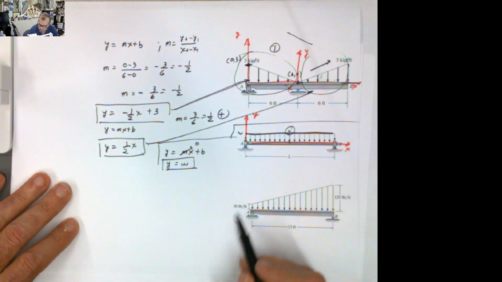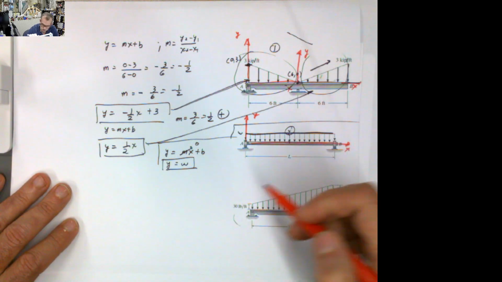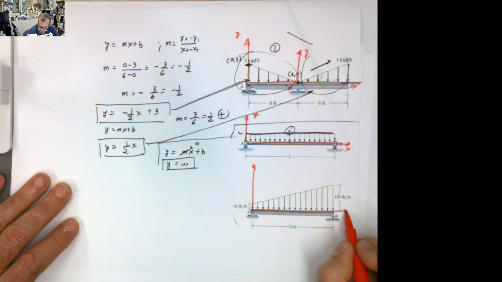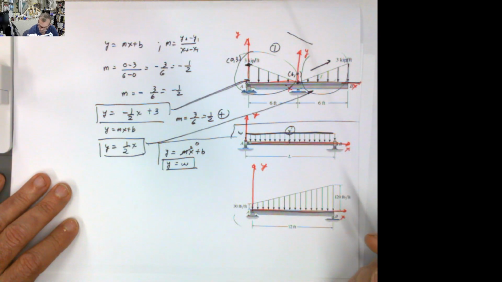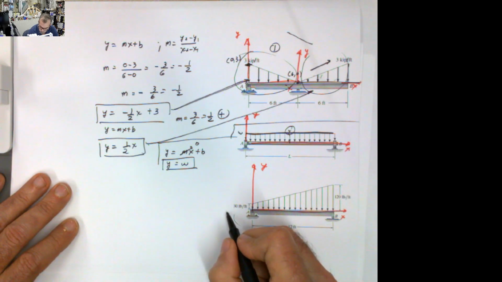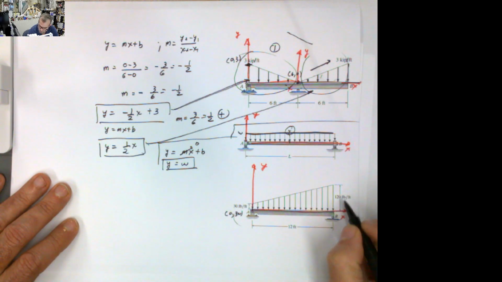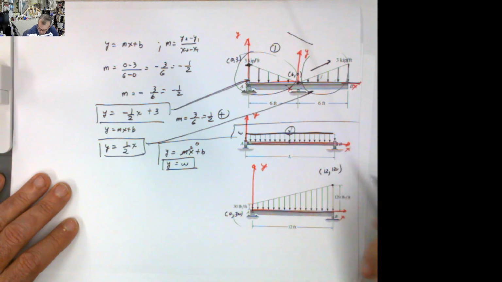Now let's say that you want to calculate the equation of this one. Slope-intercept form again. I put my axes here, x and y. I can use 2 points if I want to. The first point will be 0 in x, 30 in y, and this point here will be 12 in x and 120 in y.